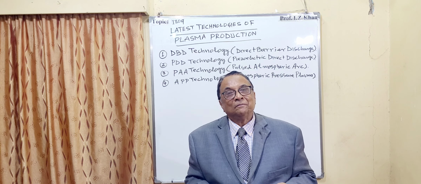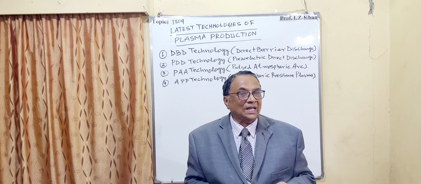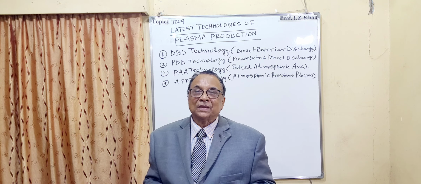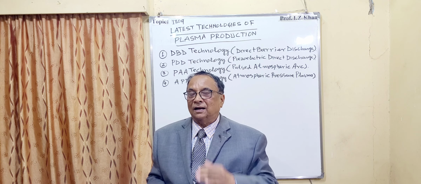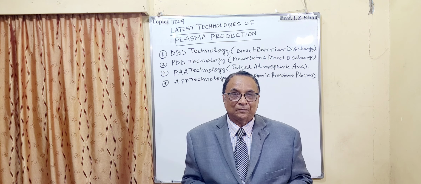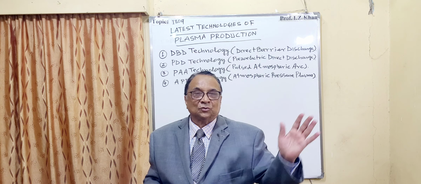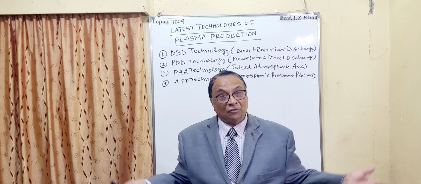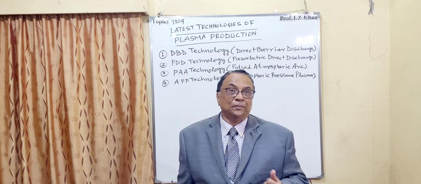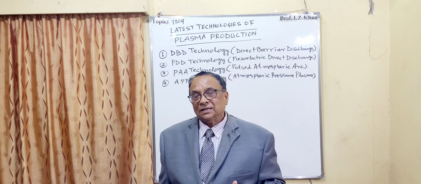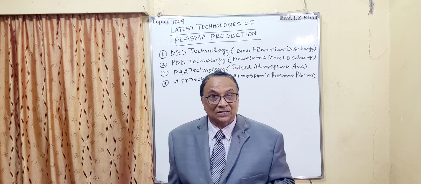By any means you have to supply that much energy where that gaseous state is converted into plasma state, which means the neutral atom in the gaseous state cannot resist, and the electrons will be freed and they all will be ionized. That state is plasma state, and as I have already told you, plasma under normal temperature and pressure does not exist on this earth.